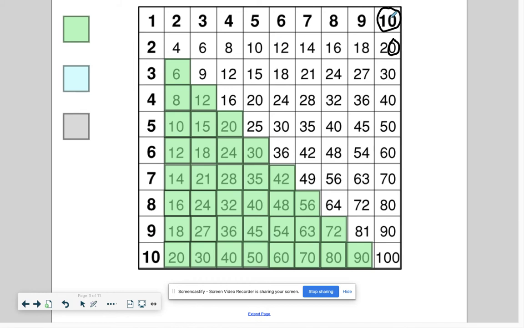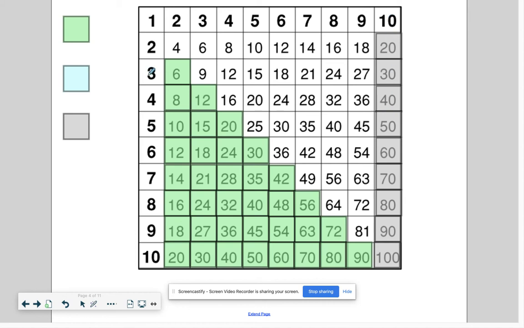So 2 times 10 is 20, 3 times 10 is 30. If I wanted to do 243 times 10, it's just going to be 2,430. I just stick a 0 on the end. So in fact, these ones you don't need to memorize because they're too easy. You just put a 0 on the end of whatever you're multiplying. So I don't really need those either. I don't have to memorize those.